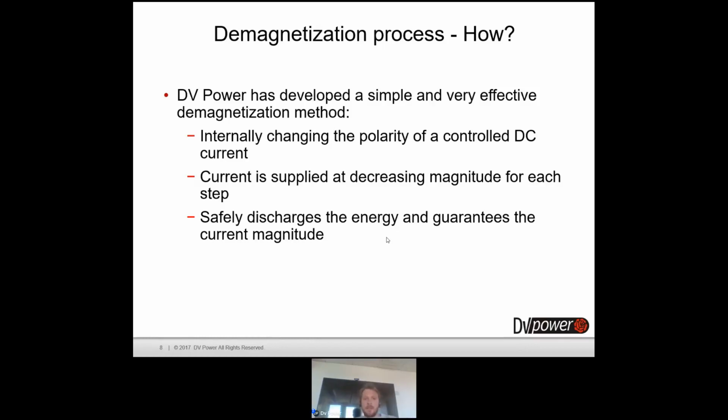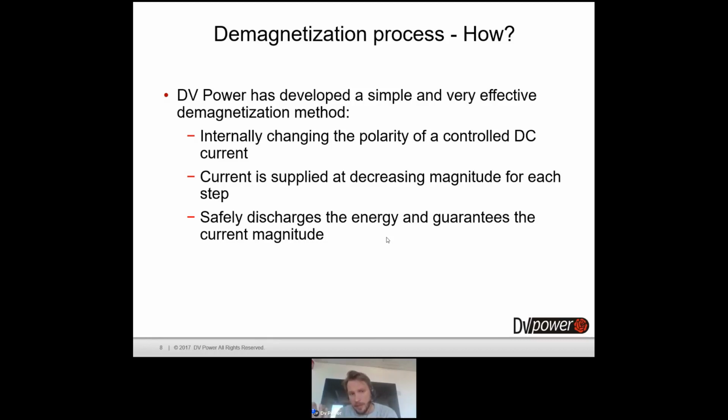Now we need to meet how we can demagnetize a transformer. A very good example of a real demagnetization process is the demagnetization of current transformers, of instrument transformers. Why? Because they have a very small core, which means they don't need huge energy for that process. And the process is very simple there.